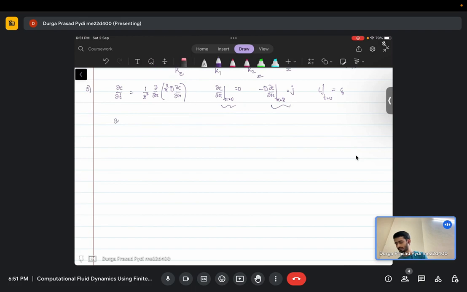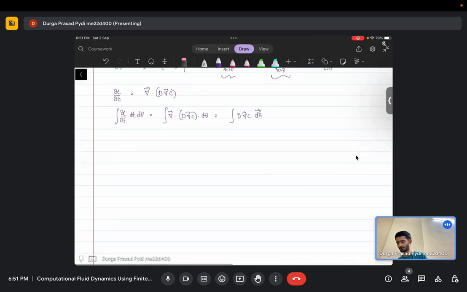You can write this as del dot d del c. If I write it in this particular way, maybe it will be easy. You just apply the Gauss divergence theorem. This will be d del c dot dV. So apply the Gauss theorem, and this will be d del c dot dA.